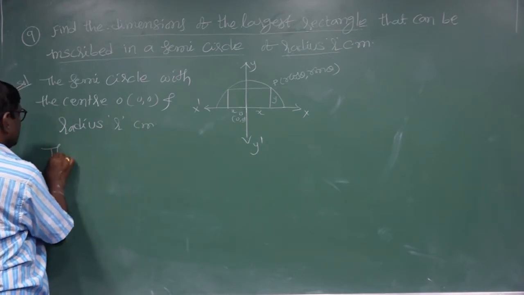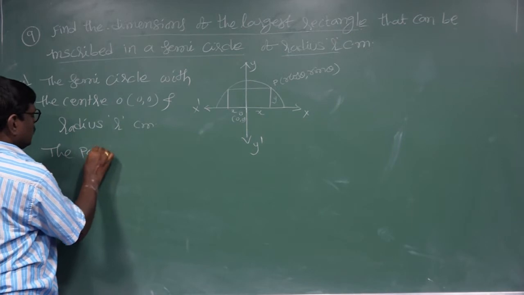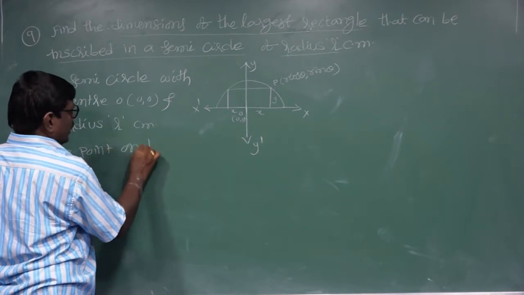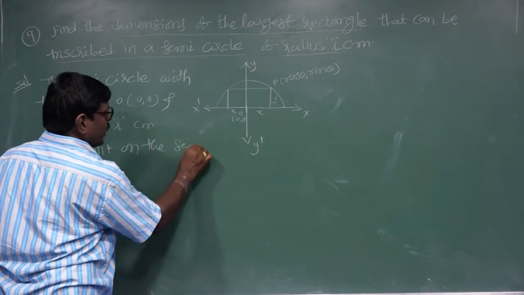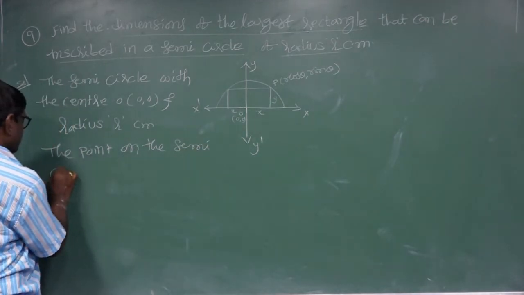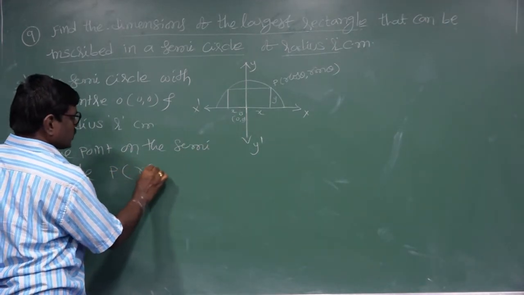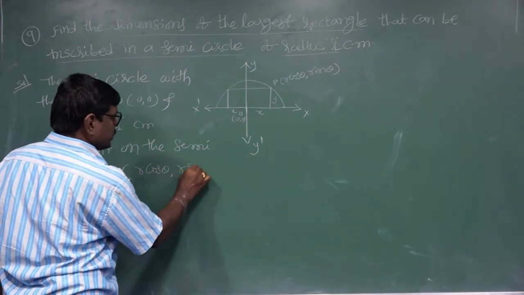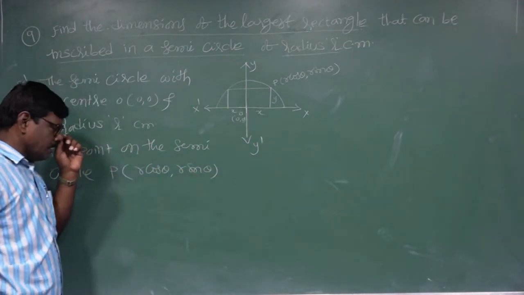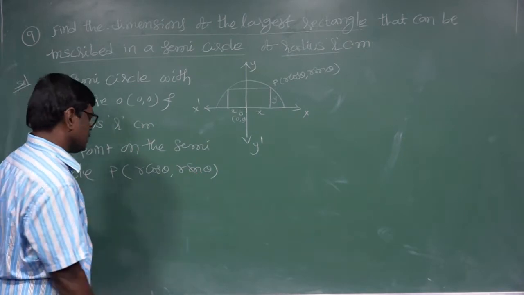The point on the semicircle is P of (r cos theta, r sin theta). So x equal to r cos theta, y equal to r sin theta.